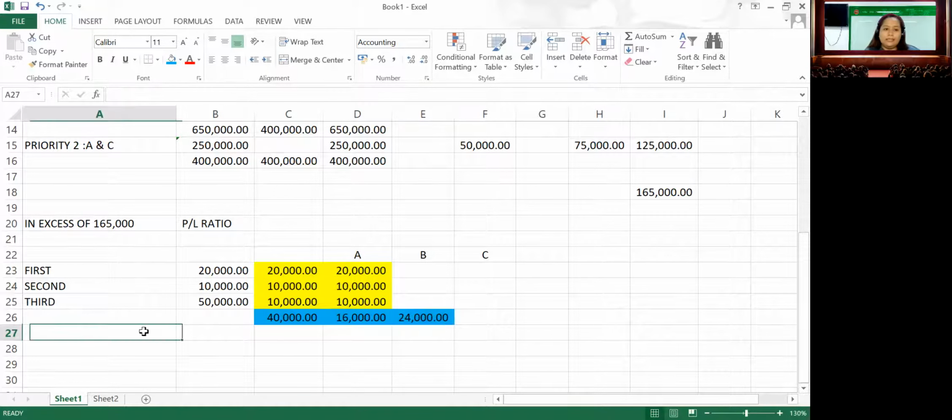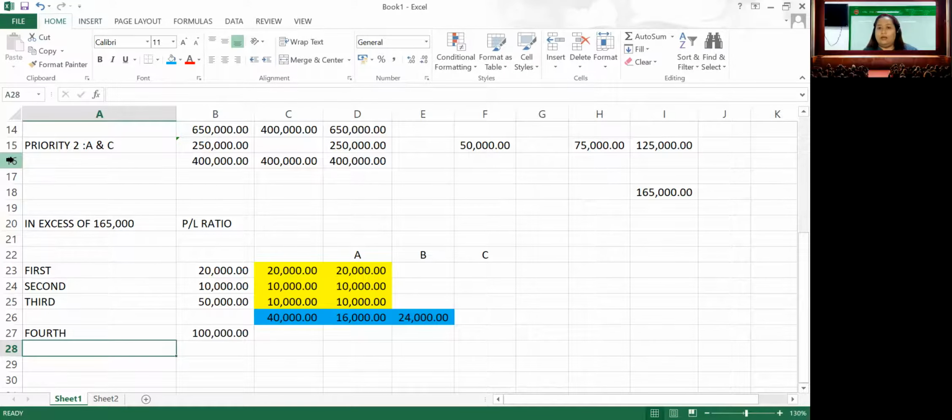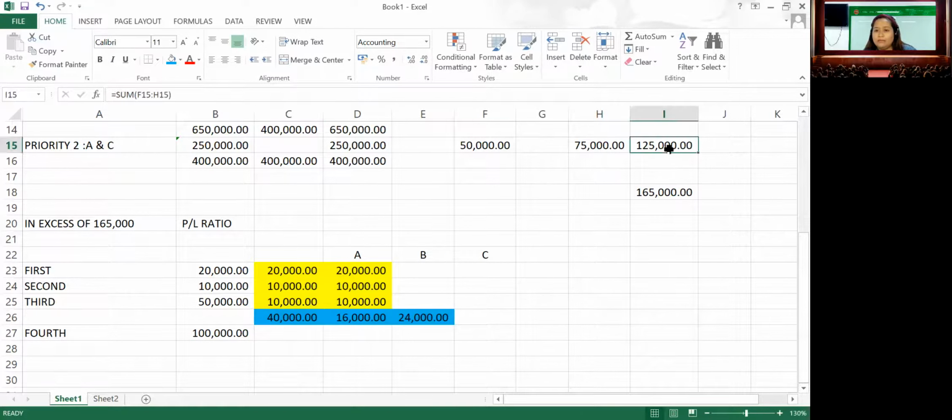Okay? Let us say, doon po sa ating fourth distribution, nag-distribute po tayo ng, let us say, 100,000. Okay? So, titingnan po natin dun sa 100,000 na yun, na-satisfy na ba yung second priority? Ang second priority natin, 125,000.